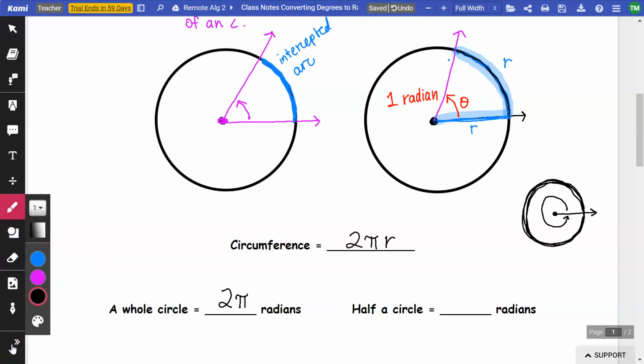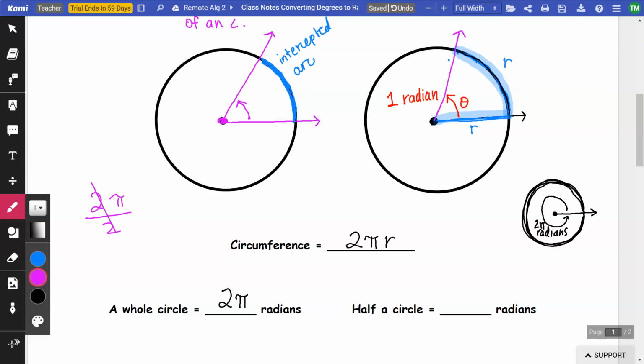So instead of talking about the rotation in terms of 360 degrees, we can say that the rotation is 2 pi radians. Well, if an entire circle has 2 pi radians, then how many radians would just half of the circle be? We're going to take our 2 pi and divide it by 2.